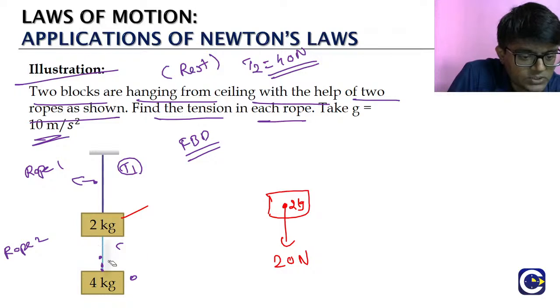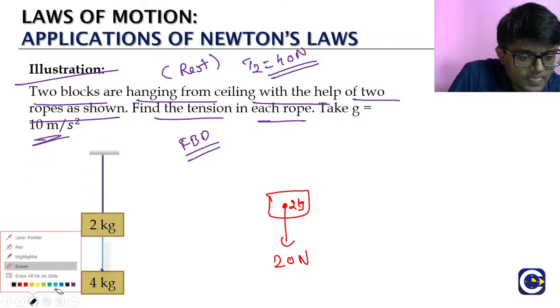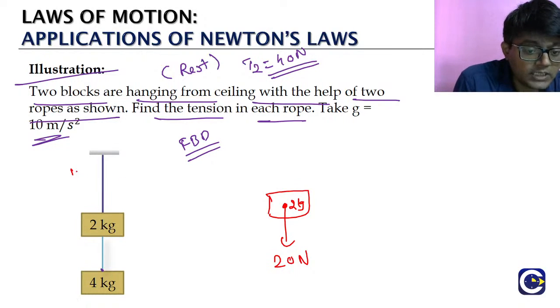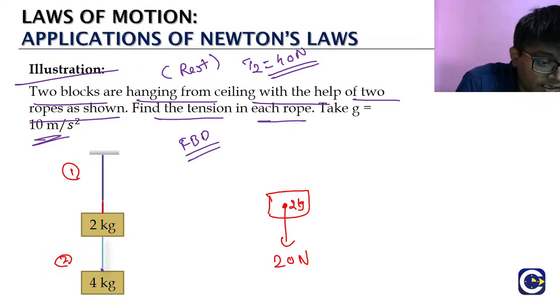We are now just looking at the 2 kg block. The 2 kg block is connected to both the rope 1 as well as rope 2. You see, it is connected to rope 1. It is also connected to the rope 2.